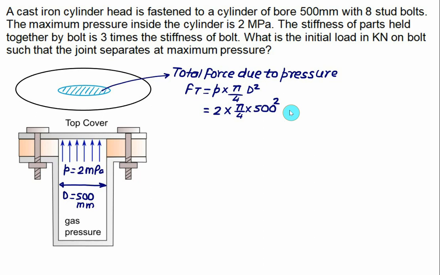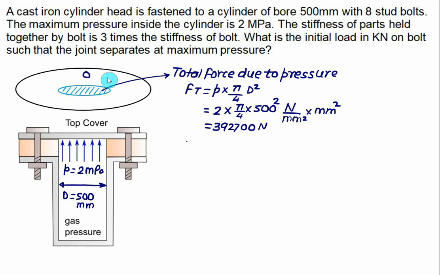We have taken the pressure as Newton per mm square and area as mm square. So this time force is in Newton, and is close to 392,700 Newton.